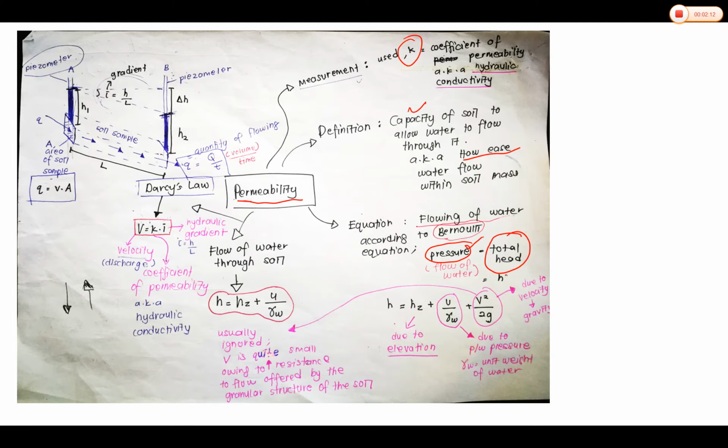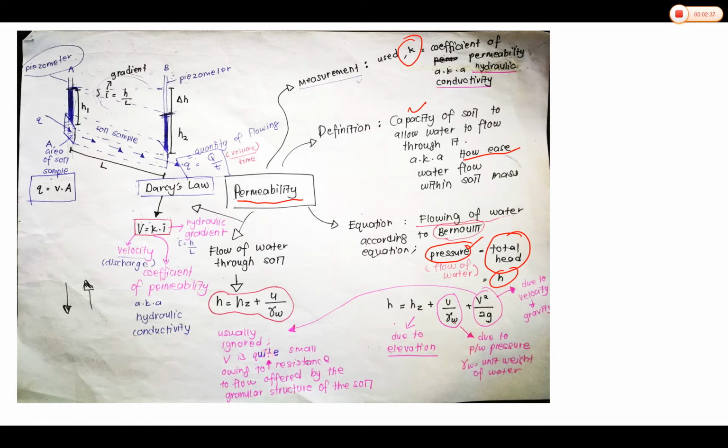In water, we call it head, or H. So according to Bernoulli, the flow of water is due to the elevation, Hz, and also due to the pore water pressure, with gamma w the unit weight of water, and also due to the velocity, v squared over 2g.